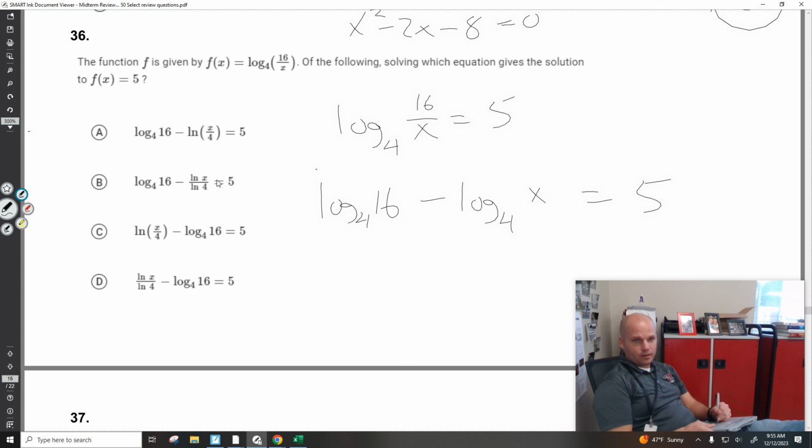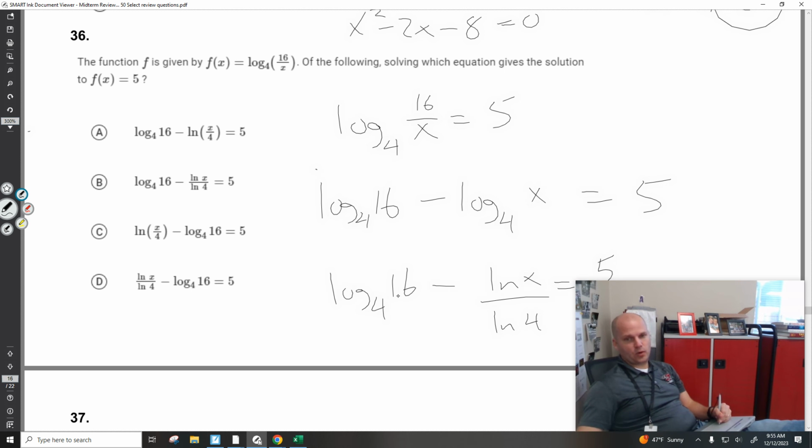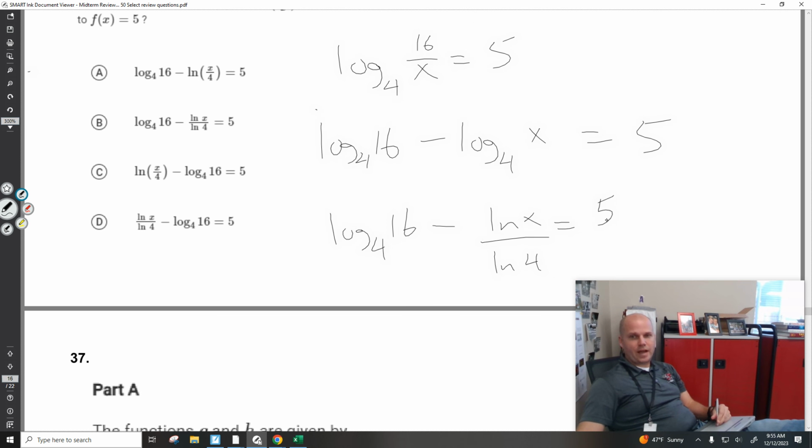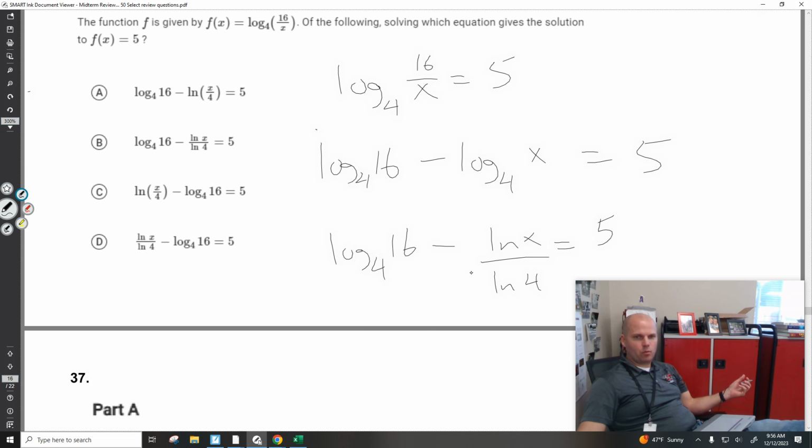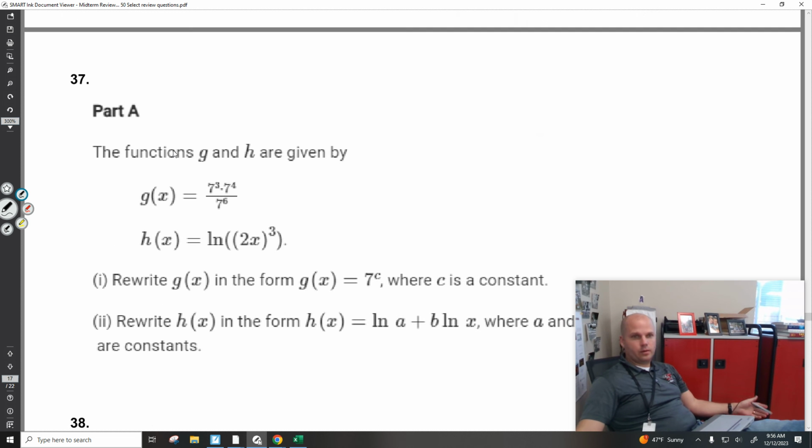I can then use the change of bases to say this is natural log x over natural log 4 if I wanted to. Log base 4 of 16 is 2. Subtract 2 from 5, I get 3. I could then multiply by negative log 4. Boom. Solve for x by taking e to the power of both sides if I wanted to. I don't know why you'd want to do that, but it's just one way to do it.